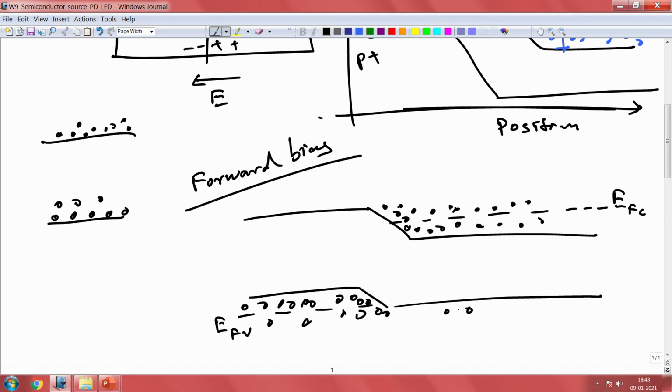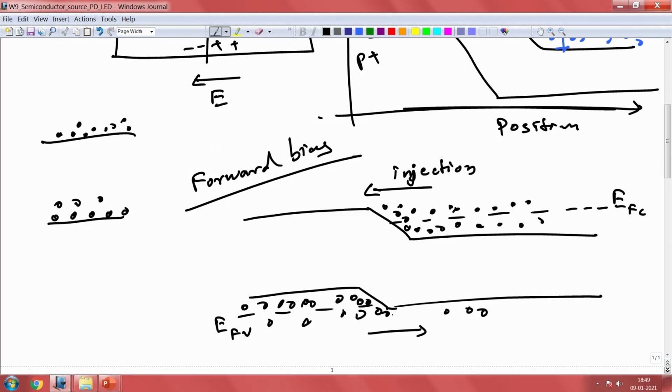So holes can go through. So this is forward bias, and there is a current injection. So we have charge injection in this direction, and hole injection in this direction.